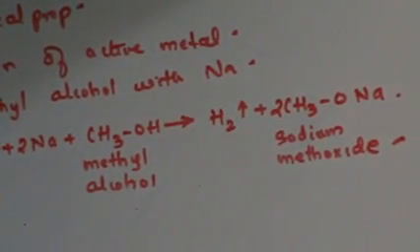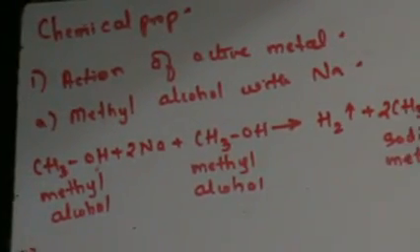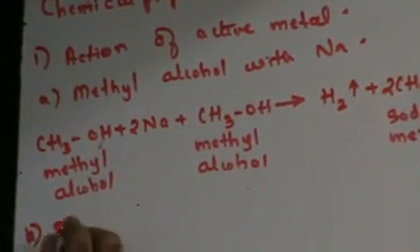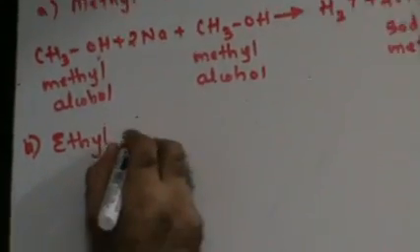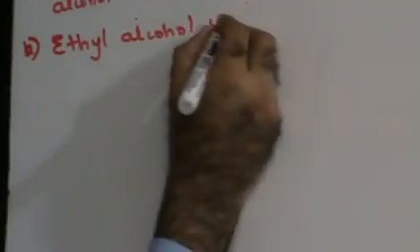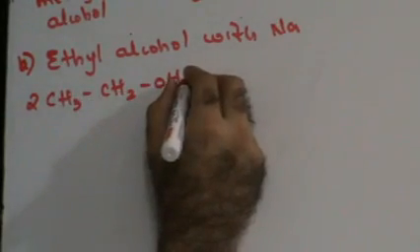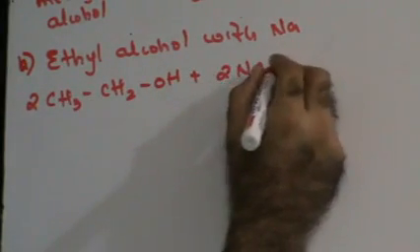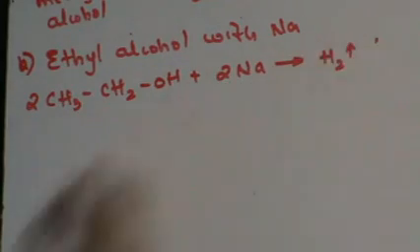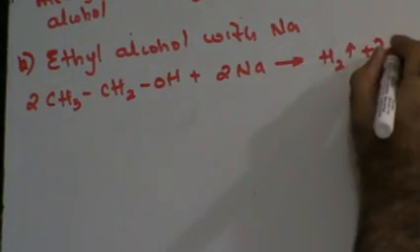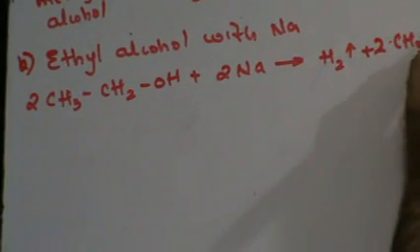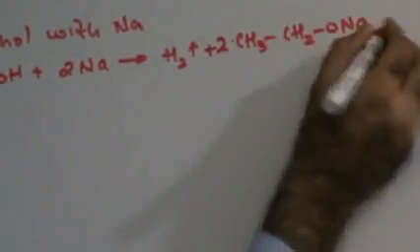Fine. Next, let's see a similar reaction now. Let's see the reaction of ethyl alcohol with sodium metal, right? Ethyl alcohol, CH3CH2, ethyl, two carbon atoms, alcohol OH, you are taking two atoms of that, reacting it with two atoms of sodium, will give you hydrogen gas, will give you two molecules of CH3CH2ONa, right?